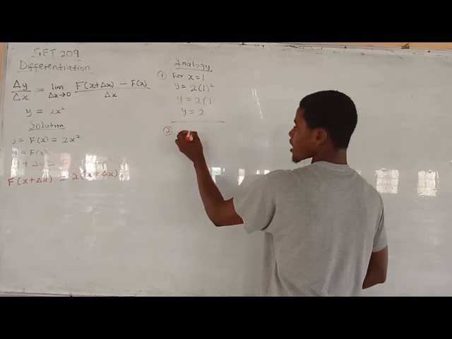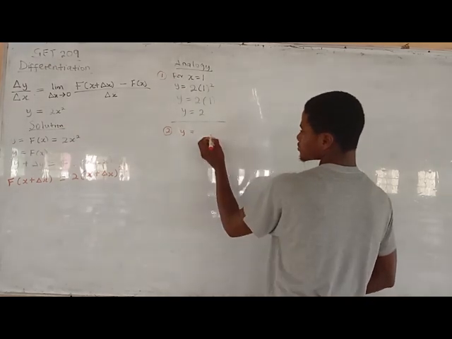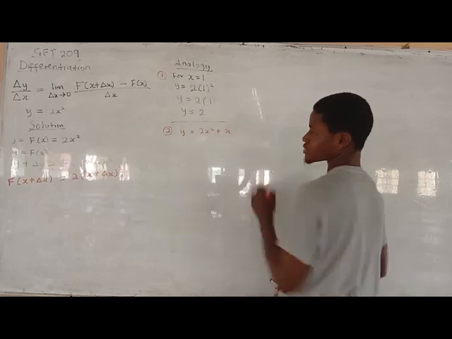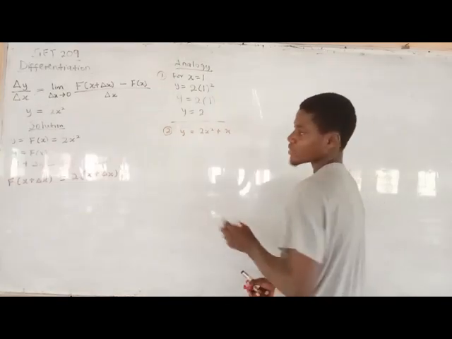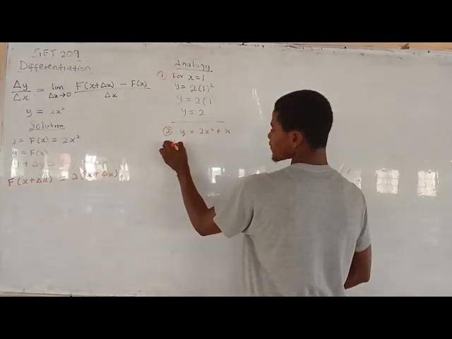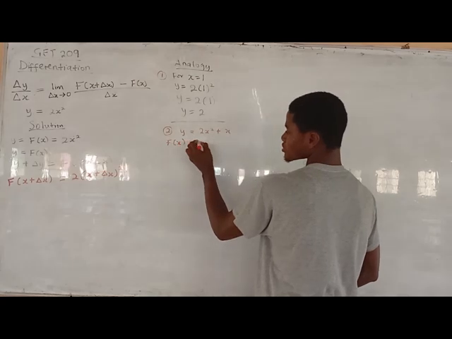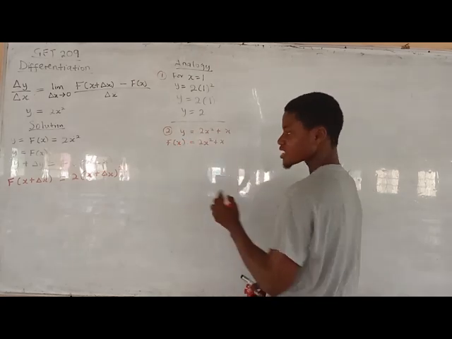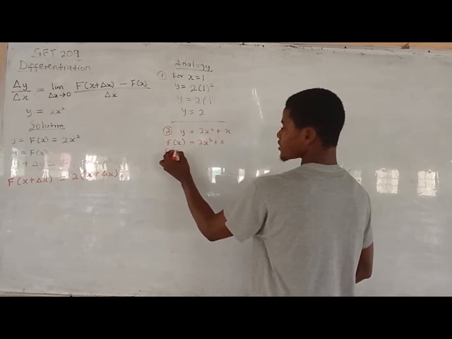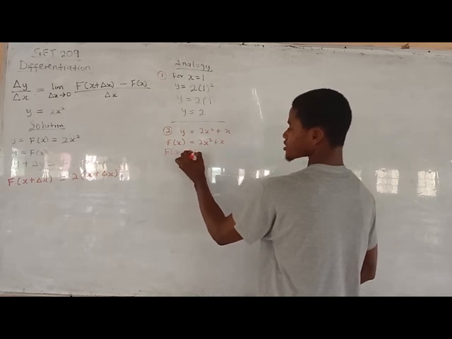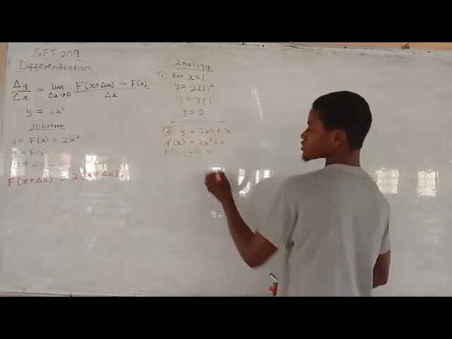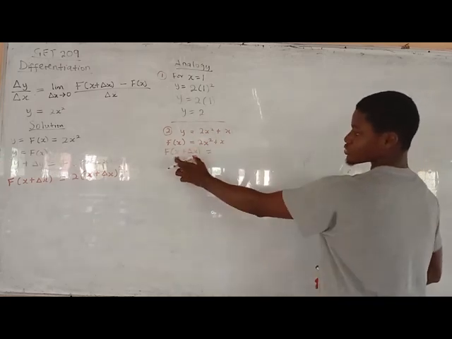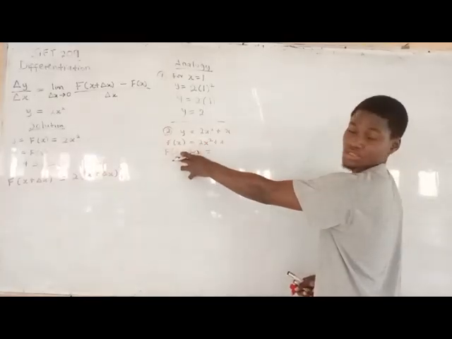So if we have that y equals 2x² plus x, and we say that f(x) equals what? 2x² plus x. It means that f(x plus change in x) will equal what? You change every place you have x to x plus change in x.